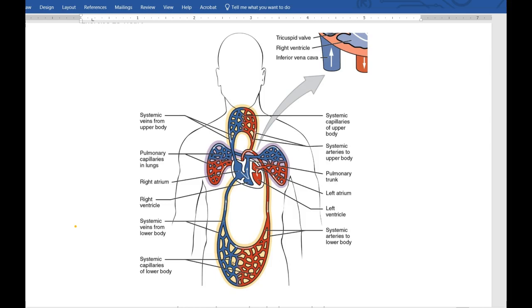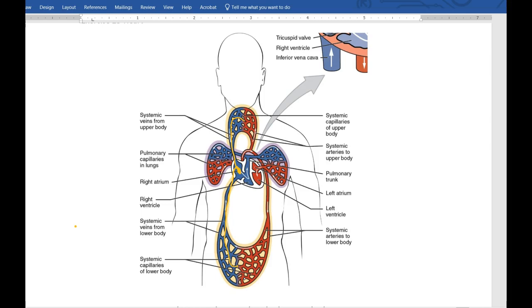This right here and this right here represents your systemic circulation in your head and the rest of your body. So deoxygenated blood is coming back to the right side of the heart from the superior and inferior vena cava.